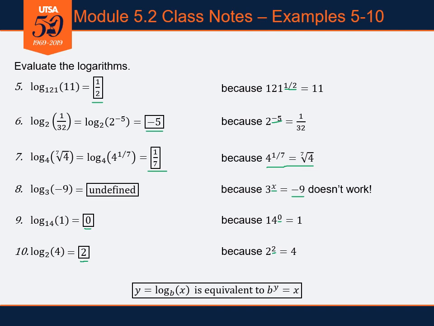But for now, suffice it to say, our first example where we start to realize that logarithms are restricted in some ways. You can't take the log of a negative number. You can't take the log of 0, because the corresponding exponential doesn't work. All right, more to come, examples of evaluating logarithms.